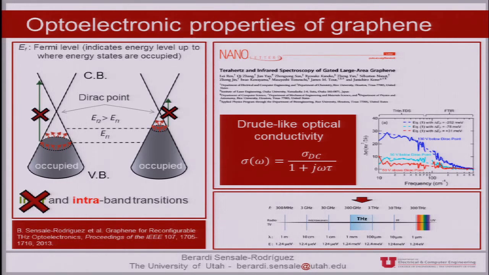And one can see that at these frequencies, the optical conductivity follows a Drude-like relation. This has been seen, for instance, with terahertz and infrared spectroscopy in graphene samples. This is some work from Kono's group from Rice University showing the Drude-like behavior of graphene at these frequencies.